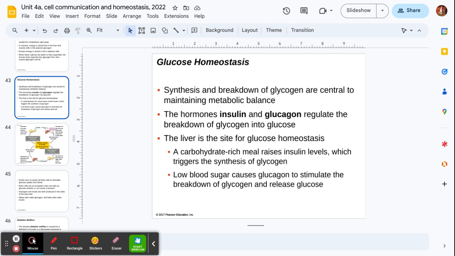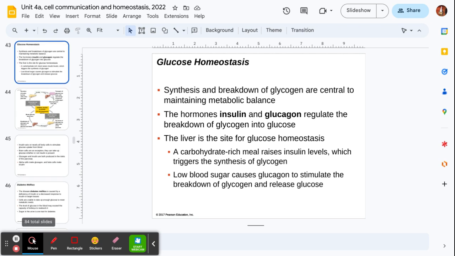It's going to break that glycogen down because of glucagon. Glucagon gets released. That's the hormone. Glucagon will signal the cells, specifically the liver and the muscles, hey, let's break down glycogen. Let's turn it back into glucose. And then that will temporarily feed the cells until we can get some more food in our body.